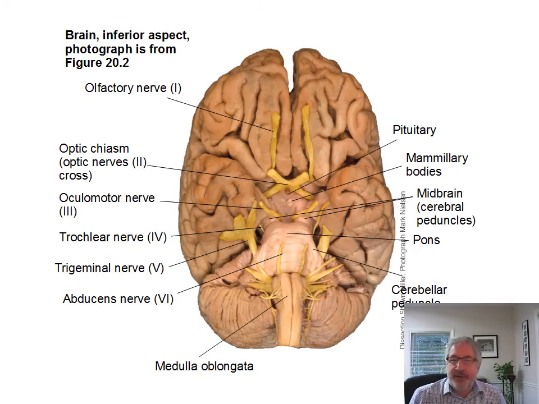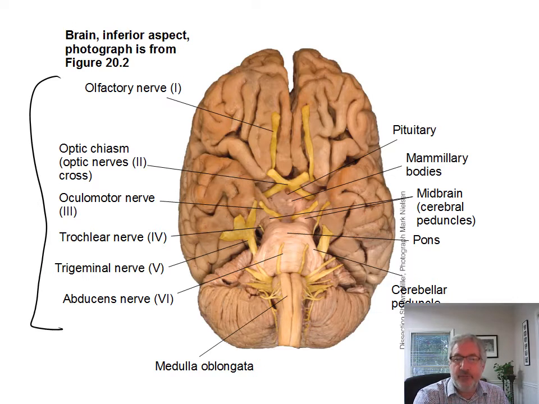Here's the inferior aspect of the brain, just to get our bearings again. This is showing half of the cranial nerves, and from the inferior aspect, we have the pituitary gland, the mammillary bodies where they are, so they're paired bumps there.